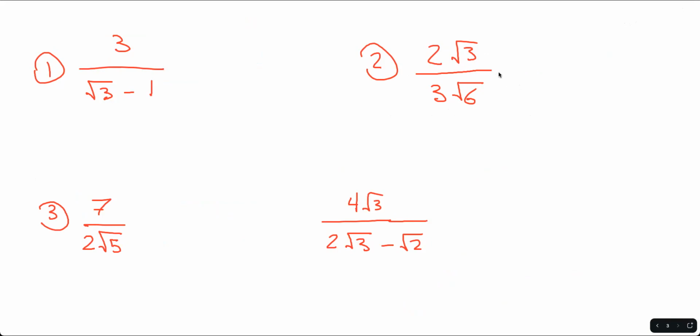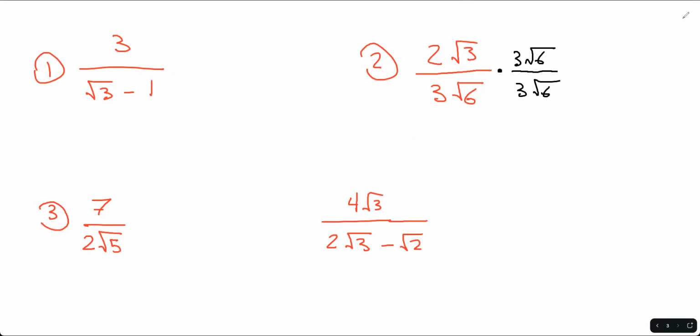You could not reduce them and say, okay, I'm going to rationalize the denominator. And any of you who did this in school, a lot of teachers say when you're rationalizing the denominator, you multiply the top and the bottom by the denominator. So you multiply both top and bottom by 3 root 6.